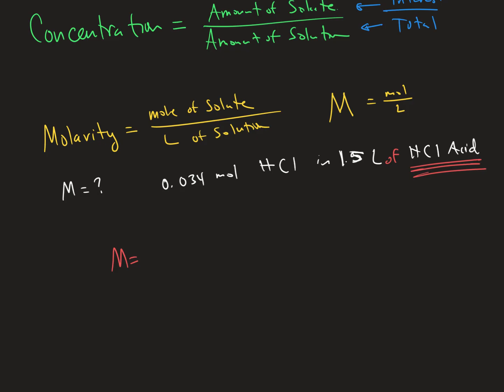That means a solution where water is the solvent. Okay? So this is the solution. This is the solute. Good? So 0.034 moles of HCl over 1.5 liters of solution.